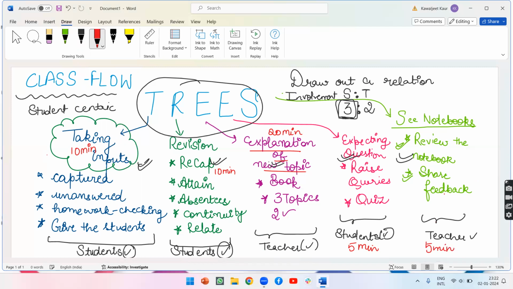Let us sum this up: 10 plus 10 is 20, then 40, 45, and 50. So in the remaining 15 minutes, you can wrap up the session, and you can also assign some homework and assignments. So this is all for the teacher training program lecture.